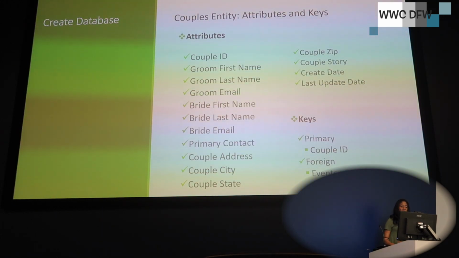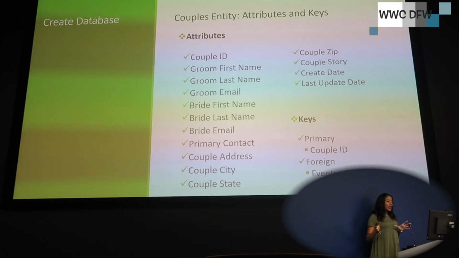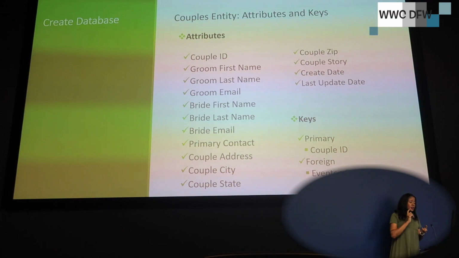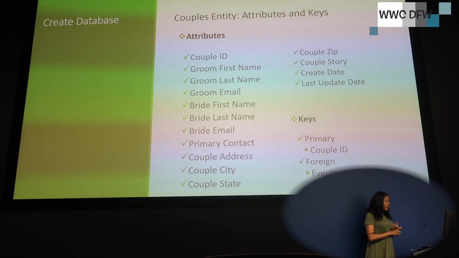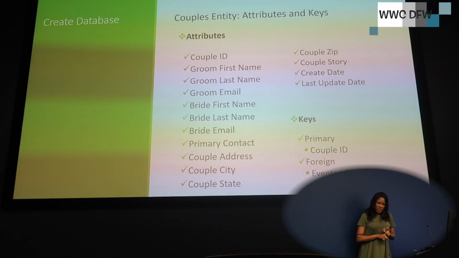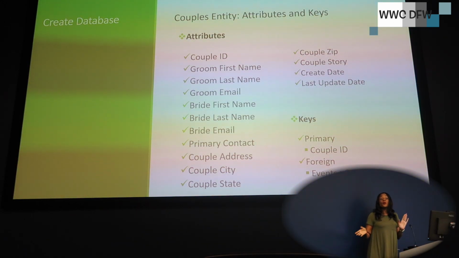All right, so these are the items that I decided to get on the couple. Based on that first template that we looked at, I decided that I need to know the first name of each, the bride and the groom. I also decided that I wanted their email addresses just for planning purposes if I decide to expand my model. I don't really need them right now because it's not posted on the website.